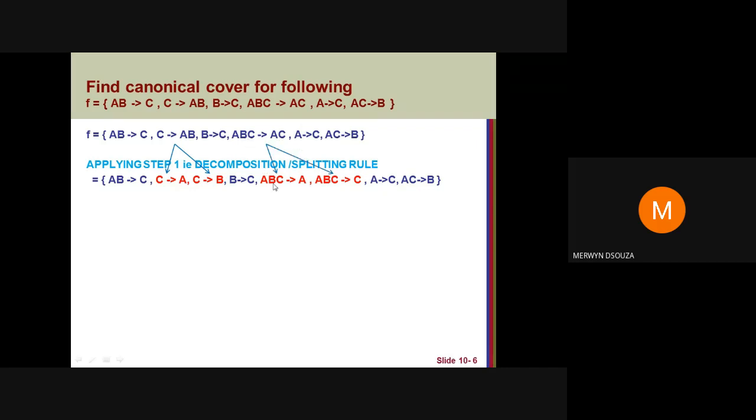We can get ABC determines A and ABC determines C, by applying the splitting rule. The rest of the functional dependencies you write as they are. We have applied the splitting rule only here.